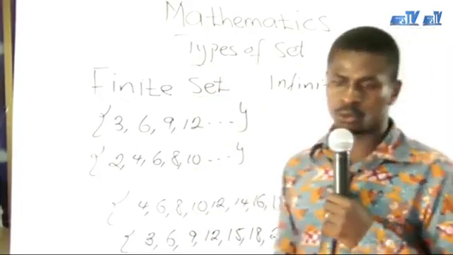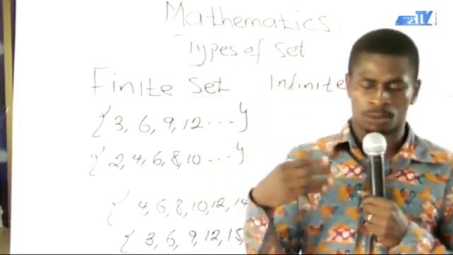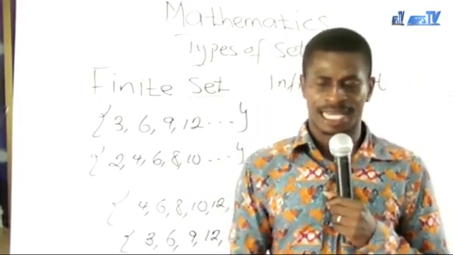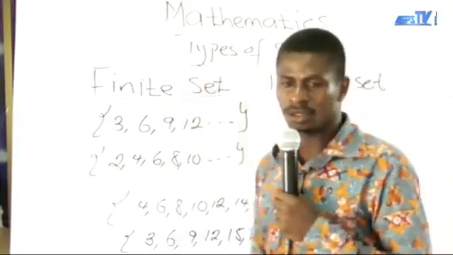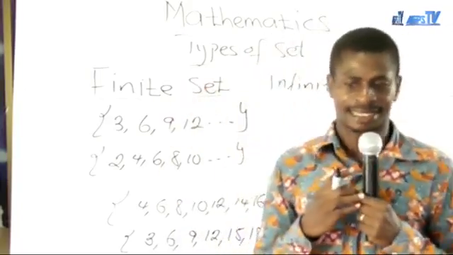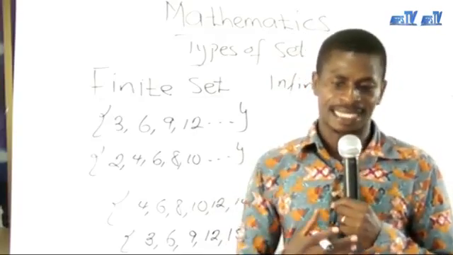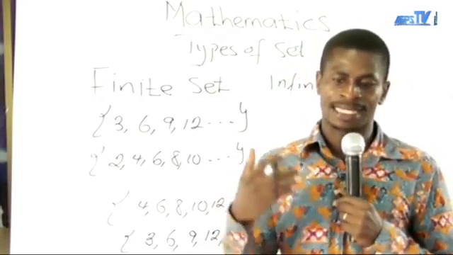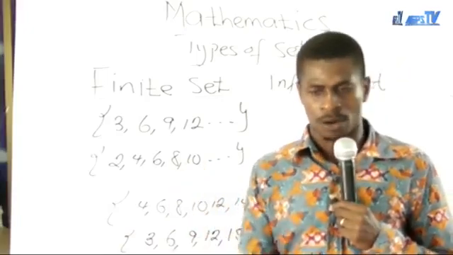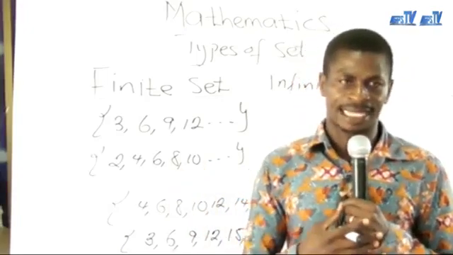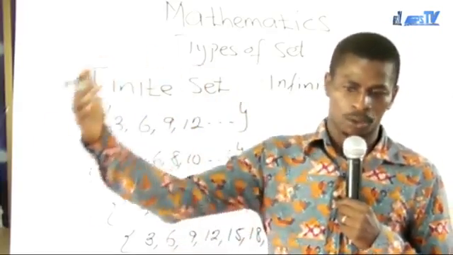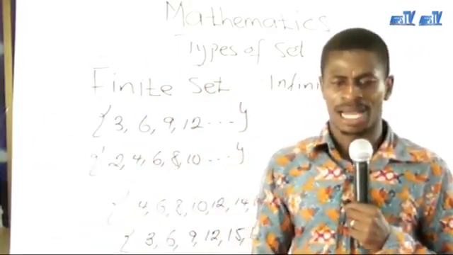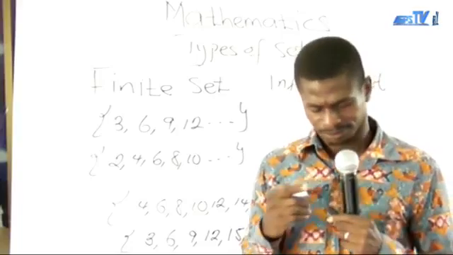So I want you to take your pen and write a number of sets and group them as either finite or infinite sets. For finite sets, you should make sure that the last member can always be found. And for an infinite set, it is a set whose members will go on and on and on without its last member being identified.